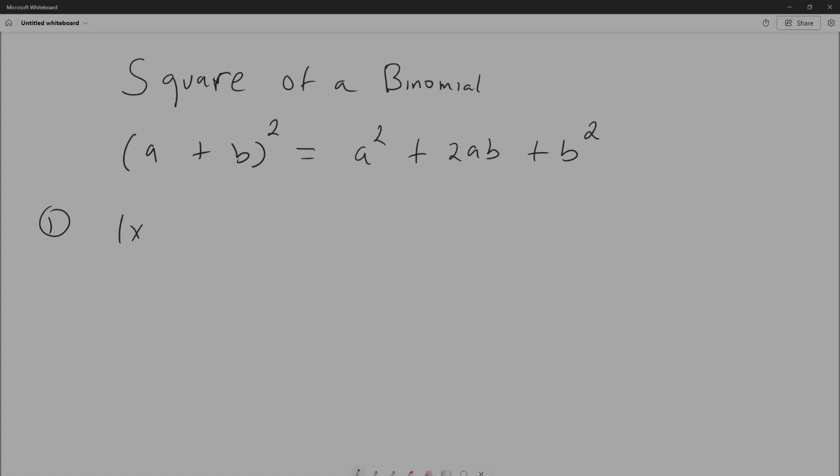So it is x plus 6 squared. So let's identify what is a in this example. So a in this case is equal to x and b is equal to 6.